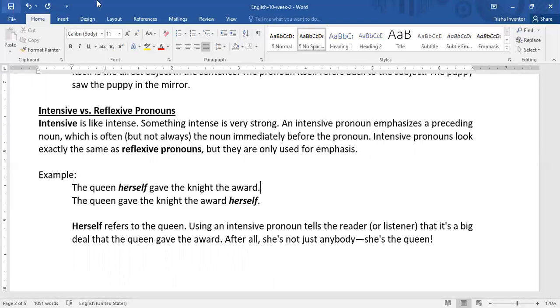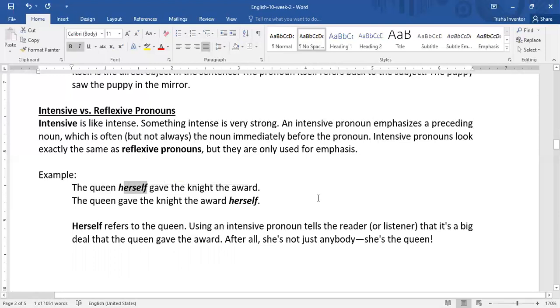Okay. So, going back here, it emphasizes a preceding noun, which is often, but not always, the noun immediately before the pronoun.